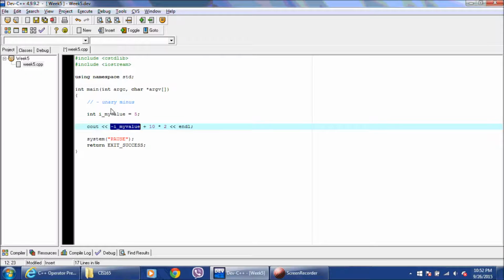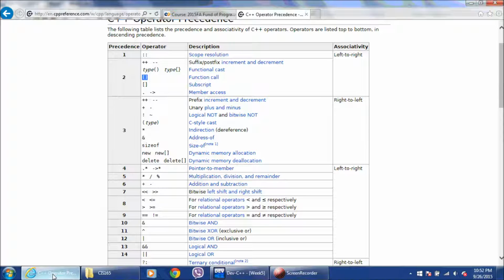Well, let's look at our chart. Okay, and what I mean is by the negation sign. The negation sign looks like it will go first, and then the multiplication, which is 6, and then the addition.